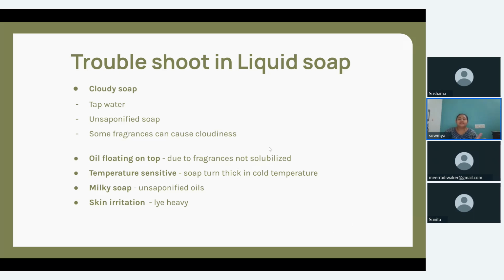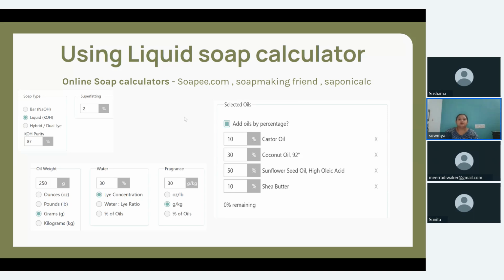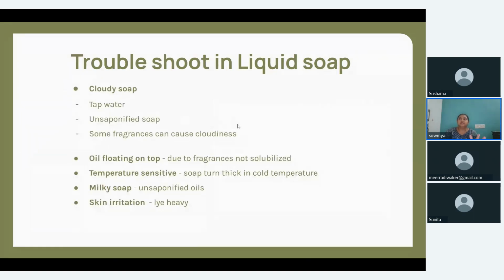But in very cold places, like abroad, where they go to minus degrees, definitely your liquid soaps might start to thicken up when it is very cold. Once it reaches your normal 30 degrees or 25 degrees, not even 25, I think 18 degrees also should be fine. That will not be so cold.